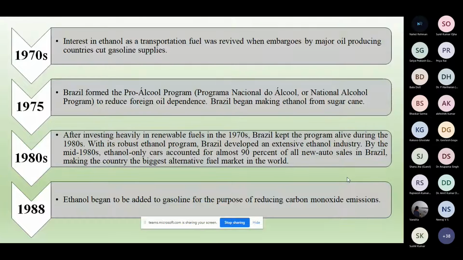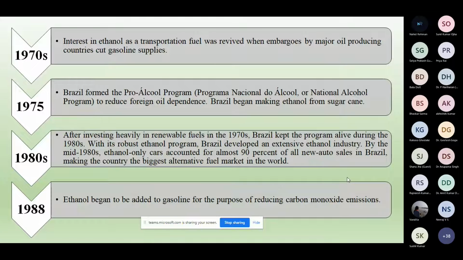I showed you the picture in my lecture, and it was with the aim that foreign oil dependency had to be reduced. At that time, Brazil began making ethanol from sugarcane. You know that sugarcane is the major source for producing ethanol. 2G ethanol will definitely be using the bagasse, not the sugarcane. So understand here.